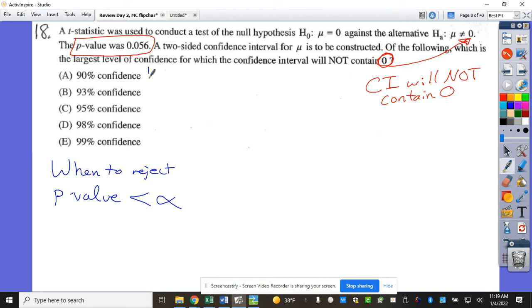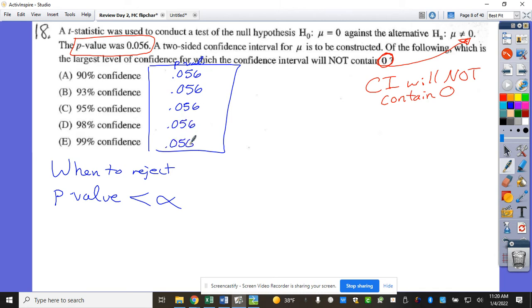So in all of these, our p-value was 0.056. If I have a 90% confidence, what does that mean is left for my alpha?